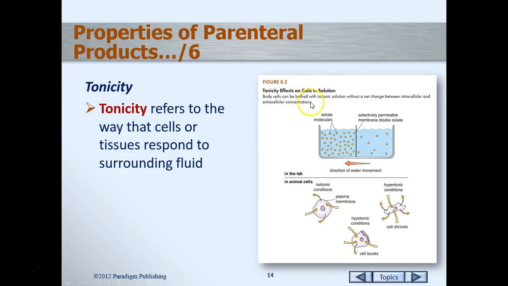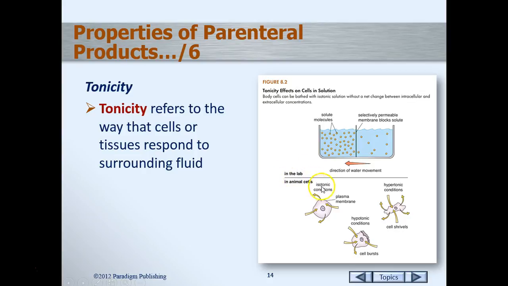So if the body cells are in an isotonic solution without a net change between the intracellular and extracellular concentration, things are going to move according to a concentration gradient, osmosis. So where there's more particles, more fluid's going to go. So the direction of the movement of the water is going to be from the area that has less particles to the area with more particles.